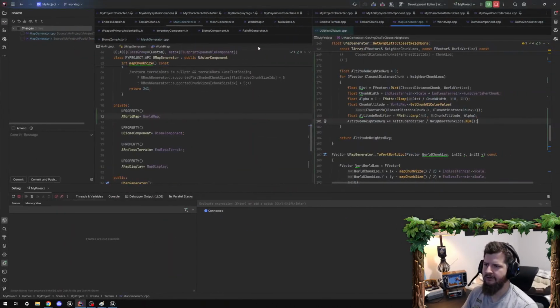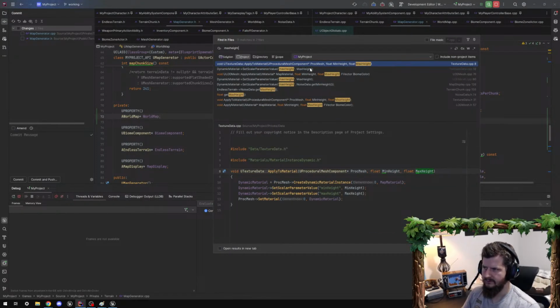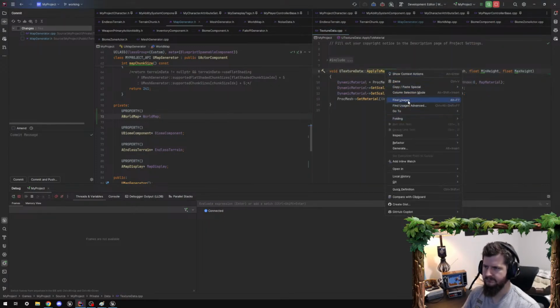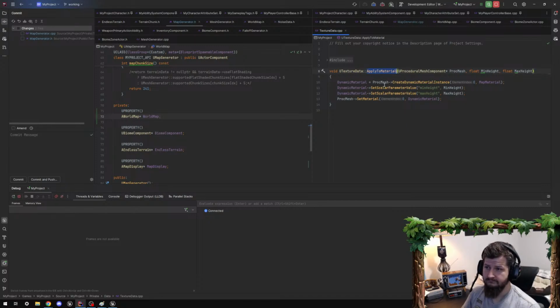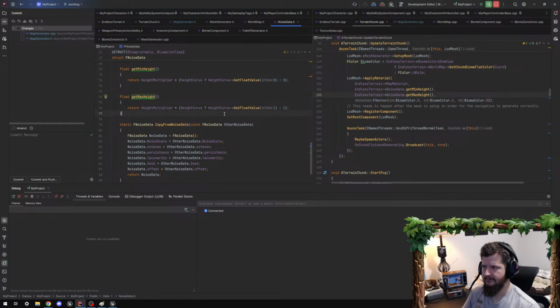Let me look at how I'm calculating max height. Yeah, where is this coming from? I can't find usages of this. Okay, I'm not using that one anywhere, I guess. Okay, here it is. So I'm taking the height multiplier times the highest height curve value.